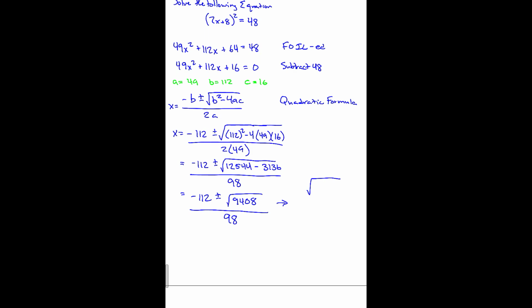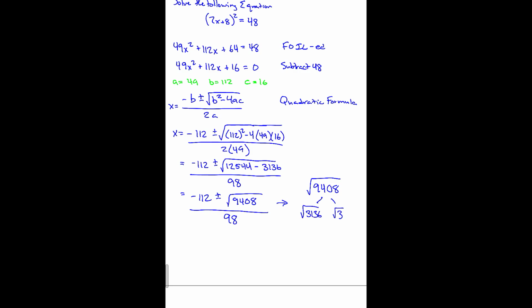From doing those calculations, it turns out that 9408 can be broken up into the square root of 3,136 and the square root of 3.